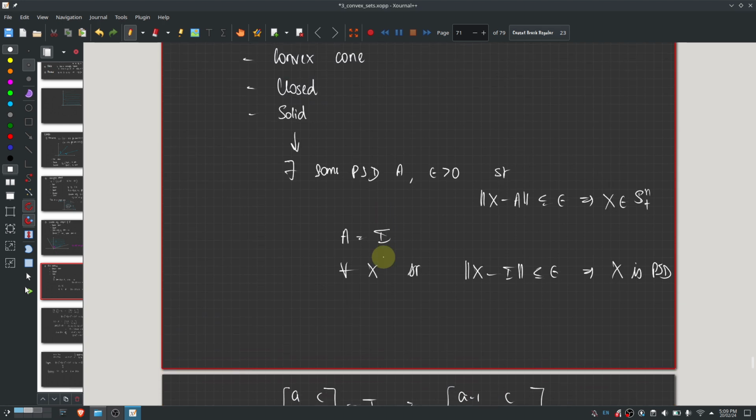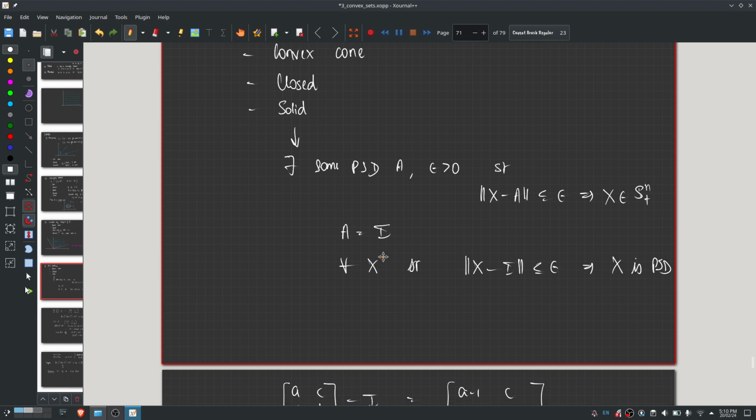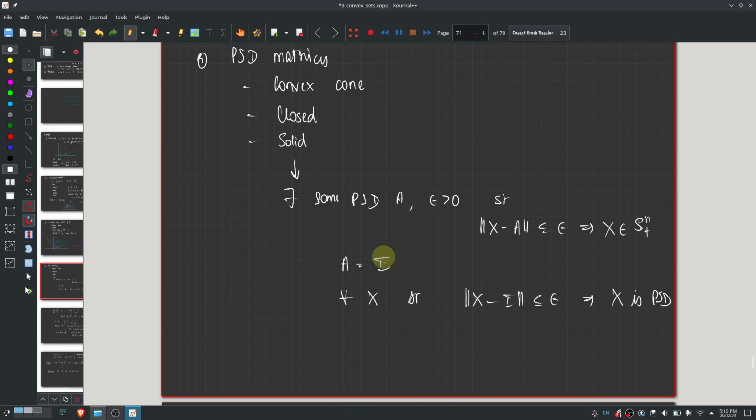The set of all positive definite matrices, in fact, is an open set. The set of all positive semi-definite matrices is a closed set. So in fact, you can prove that this is a solid cone. Is it pointed?